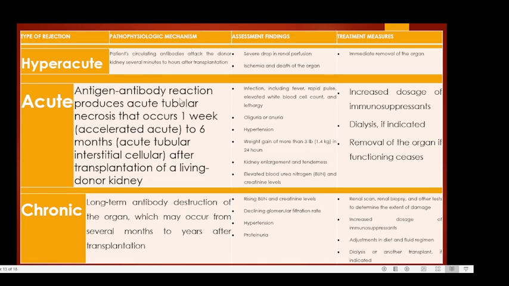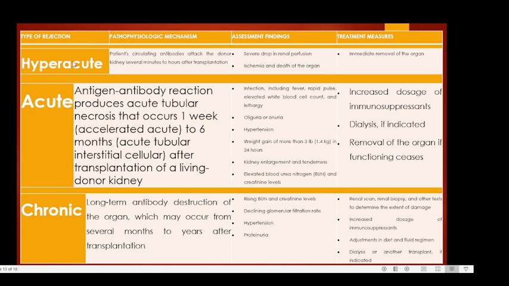Remember, I had promised to look at the 3 major types of rejections, and here they are. We are looking in terms of type of rejection, pathophysiological mechanisms, assessment findings, and treatment measures. So just to mention them, we have hyperacute, acute, and chronic. What is the pathophysiological mechanism of hyperacute?